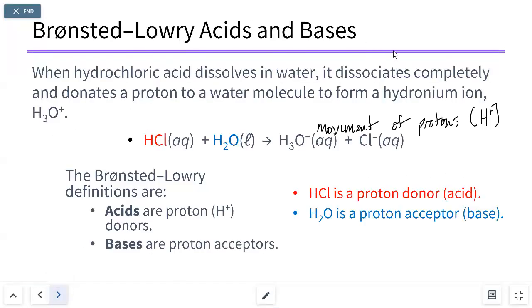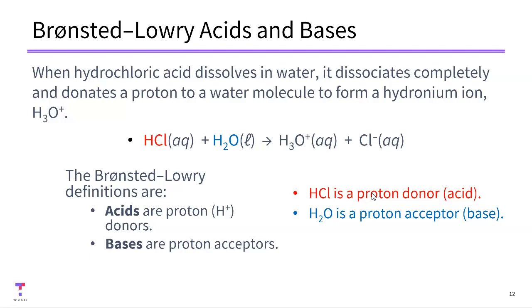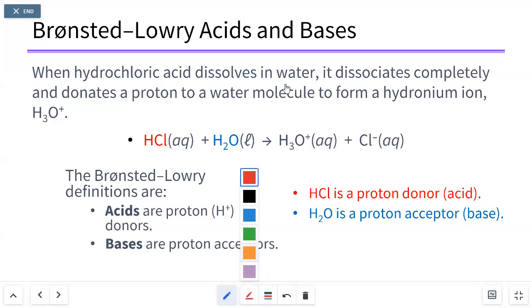How might that look in a chemical reaction? Well, let's take an example, this one. Hydrochloric acid in water. How do we get an acid out of that? Well, we've identified hydrochloric acid as a strong acid. Why is that the case? Well, look what it does. The proton here, the H, is moving.